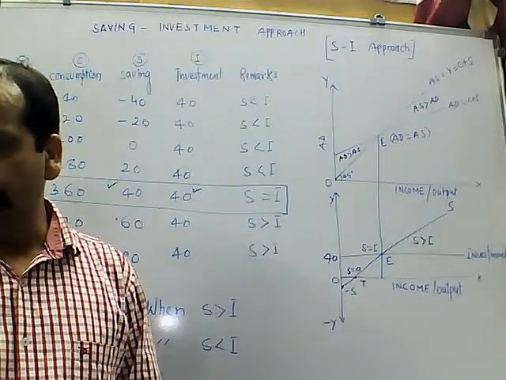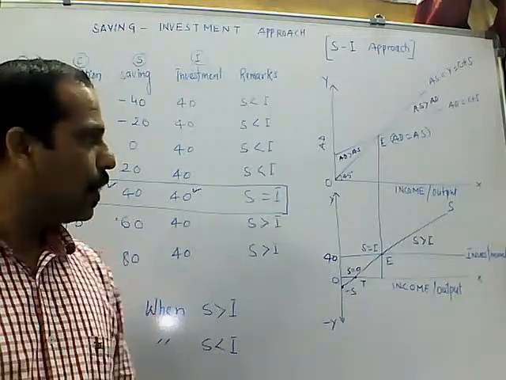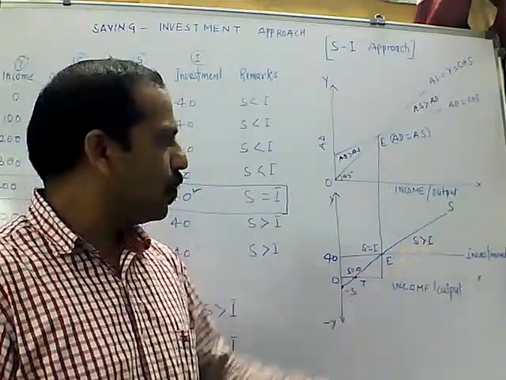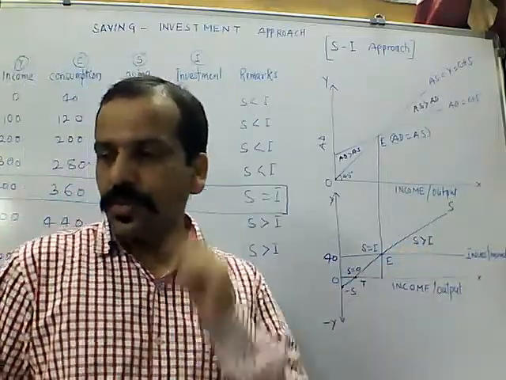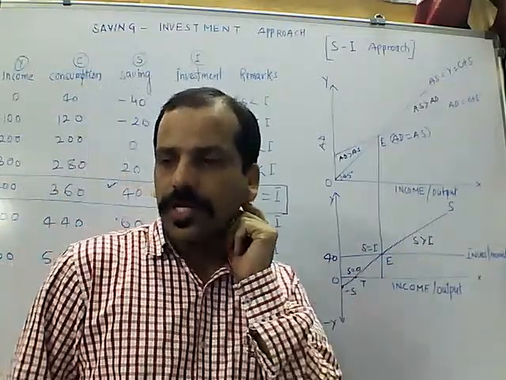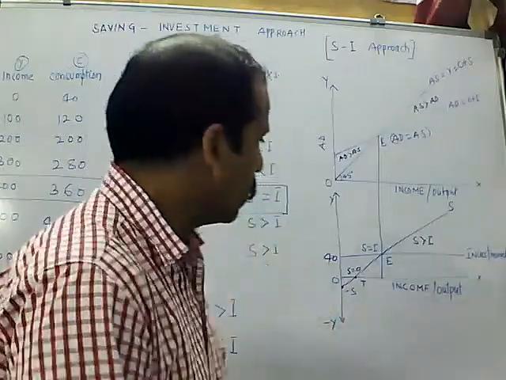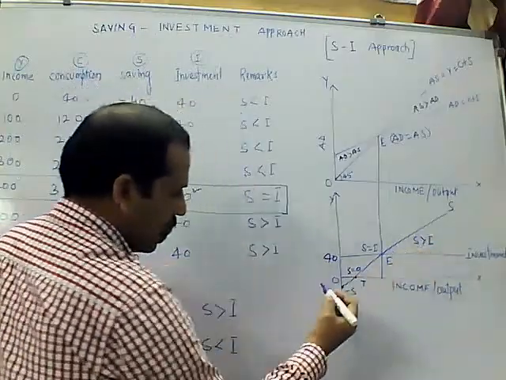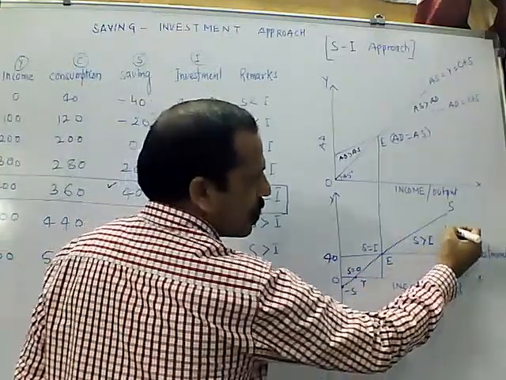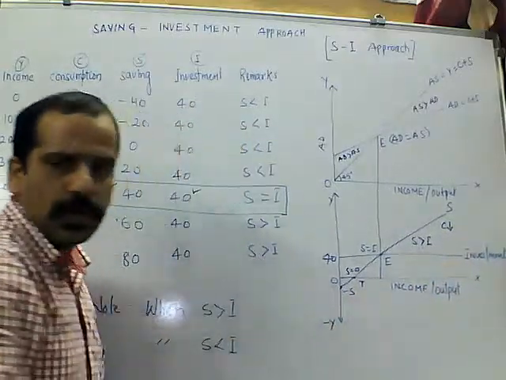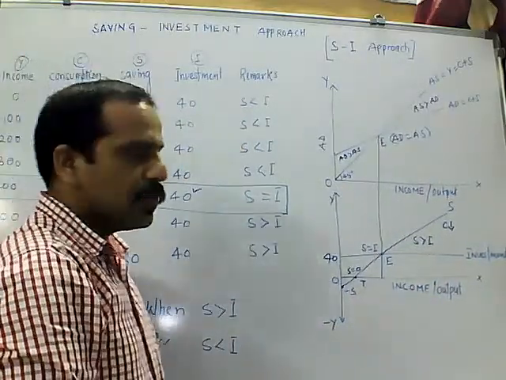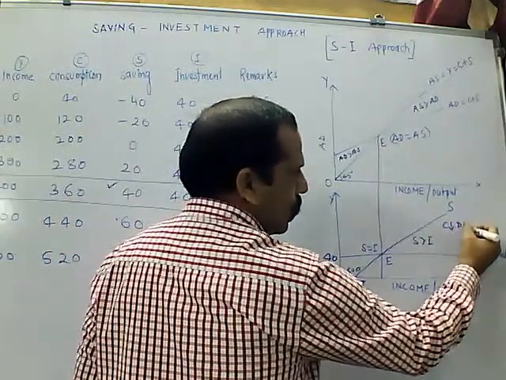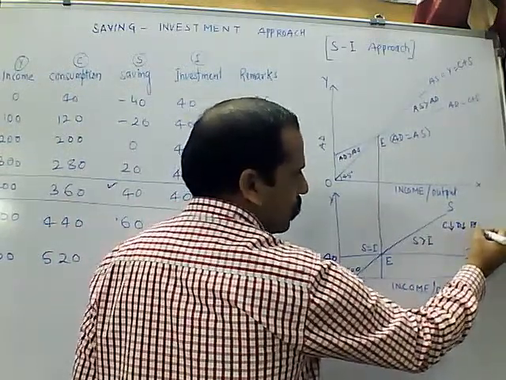If not, when savings are more, it means consumption will be less. There is a fall in consumption. If consumption falls, then demand for goods and services will fall. If demand falls, production will also fall.